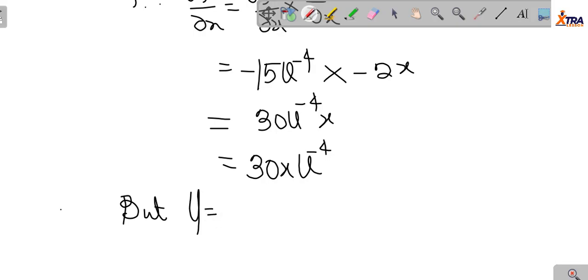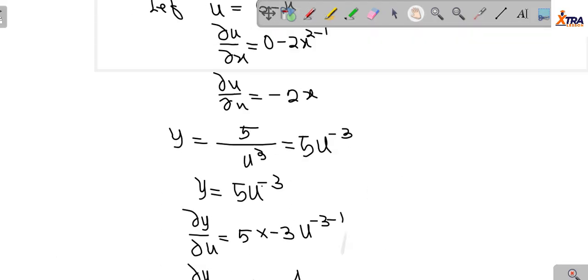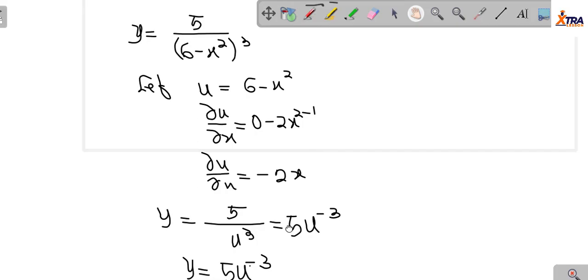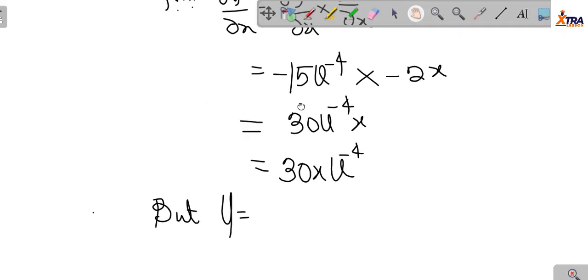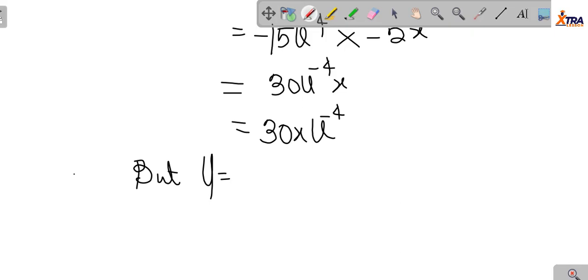But u equals 6 minus x squared. So now let's substitute that.